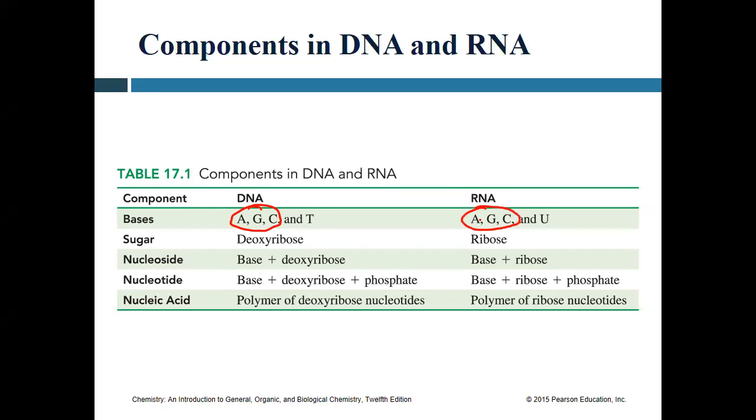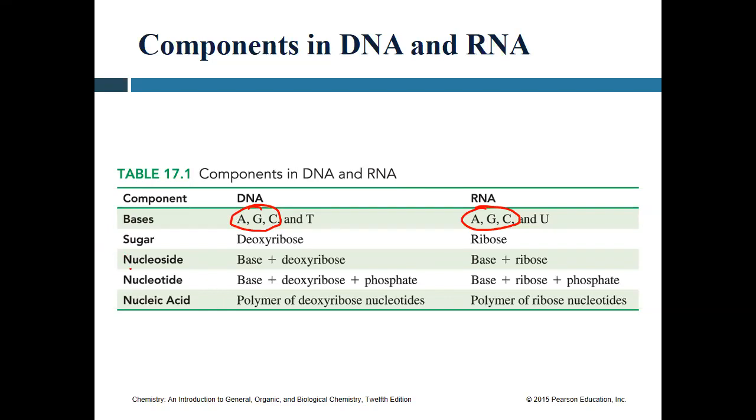The difference between DNA and RNA is whether we use thymine or uracil. The sugar backbone is different in both because, again, DNA is the deoxyribose, whereas RNA is just the ribose. And all that is different is what that second carbon has on it. Does it have an OH group or does it have two H's on it?